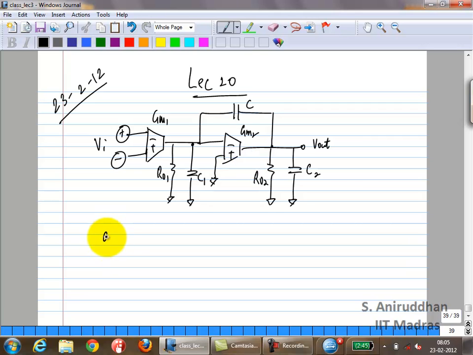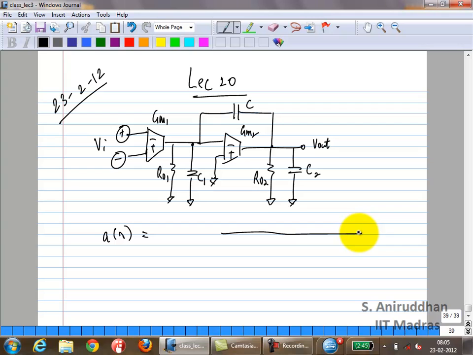Now if you had to write the transfer function of this, I want you to calculate the overall transfer function as homework. But if you just had to write it down, what terms would it have? What will be the DC gain?